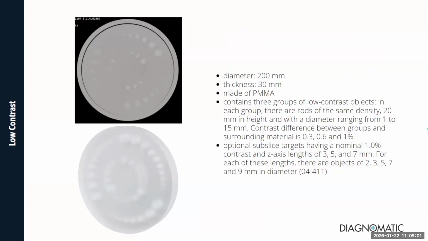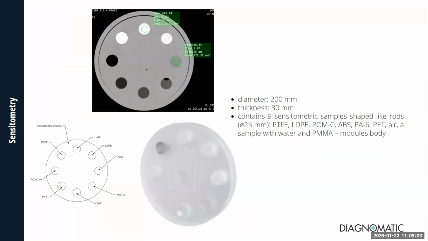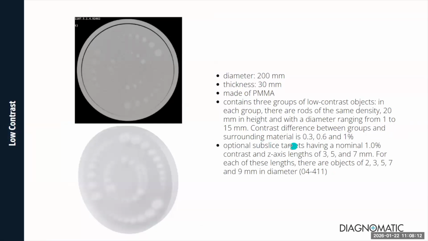Also, I think that the description of the low contrast models is not so important. Just to sum up, regarding the design, in the basic version we have the outer ring of contrasts with the difference between the groups and surrounding material of 0.3, 0.6, and 1%.